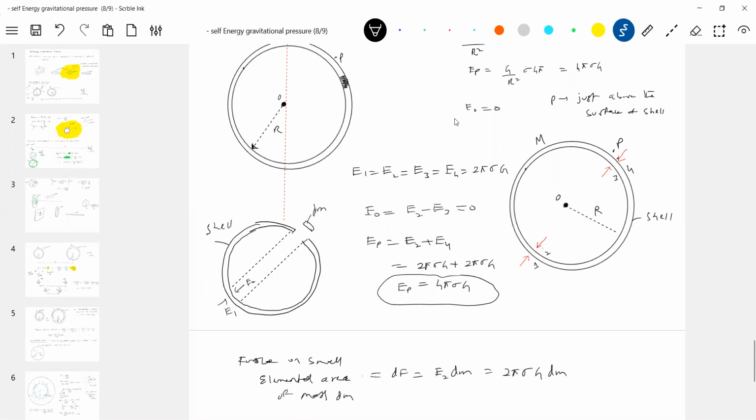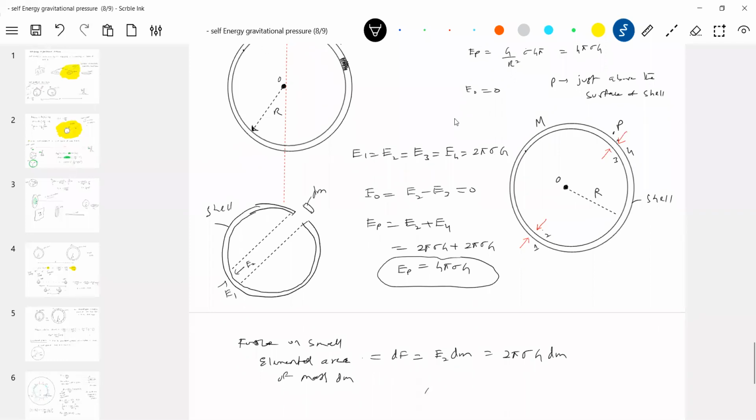What is the dm? Mass of that should be called sigma into dA. Okay, get this. This will be sigma into dA.